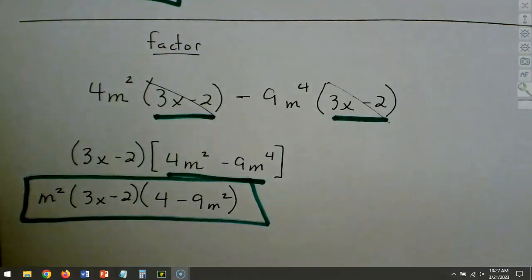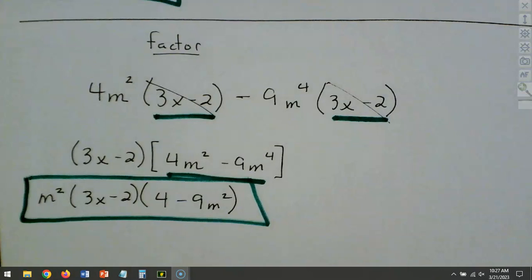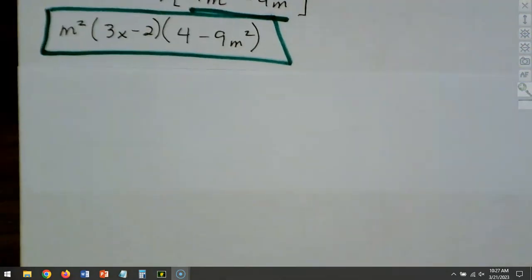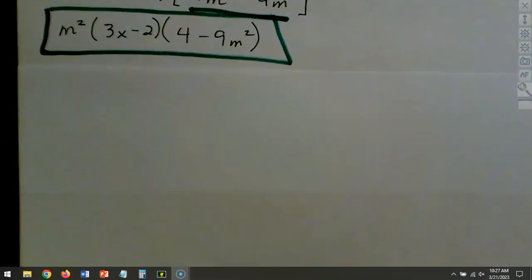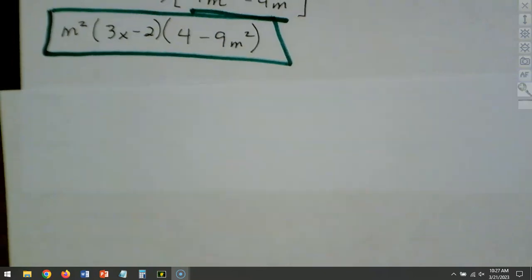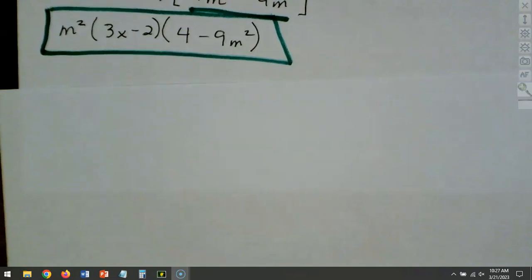Now we're going to talk quickly about factoring by grouping. And I'll pick a couple of these from our textbook. This way they factor out nicely. So I'll just pick a couple to write up on the screen here. And this is going to be factoring by grouping. Now, how we factor is based upon the number of terms that we have.